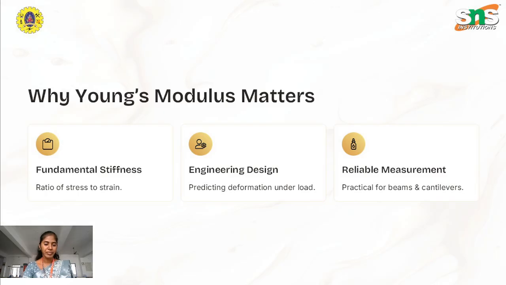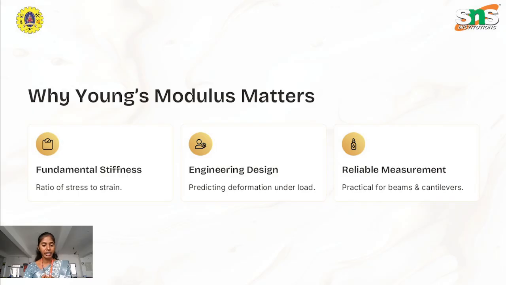The first one is fundamental stiffness, the ratio of stress to strain. Due to that fundamental stiffness, we need Young's modulus. The next one is engineering design: predicting deformation under load. By using Young's modulus, we predict the deformation under load.